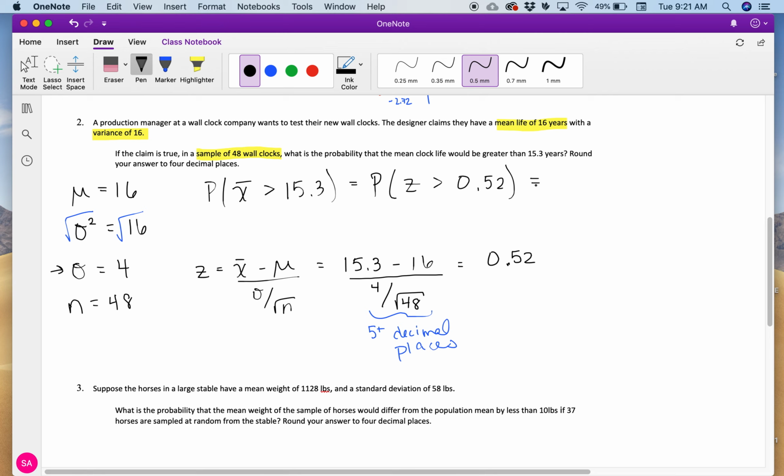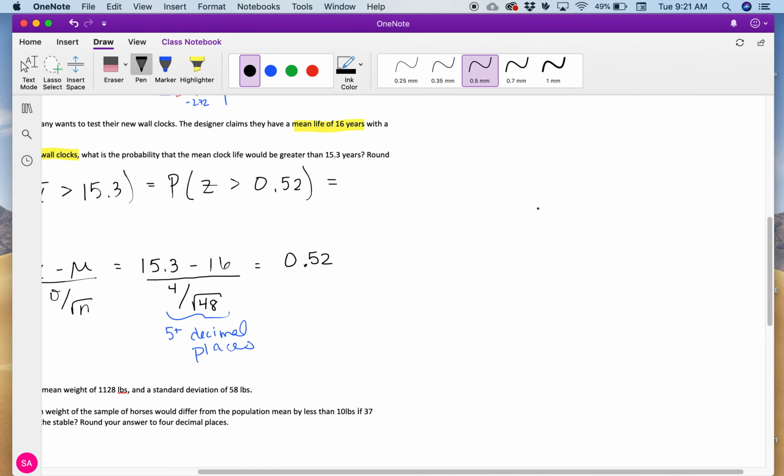All right, so I'm going to draw a quick picture, see what we're working with. Curve, okay. So 0.52, that's right about here. Okay, so I'm going to cut the curve up at that point, and we're trying to find the probability that z is greater than that. Greater than means we shade to the right.